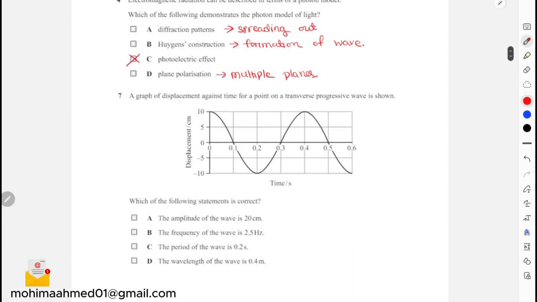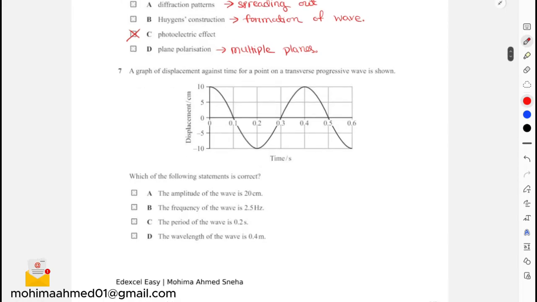Then again, a graph of displacement against time for a point on a transverse progressive wave is shown. Which of the following statements is correct? The amplitude of the wave is 2, which is not correct. Amplitude is 10, the maximum displacement. And the frequency of the wave is 2.5 hertz. Let me just measure.